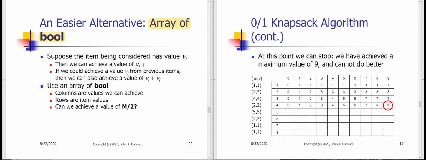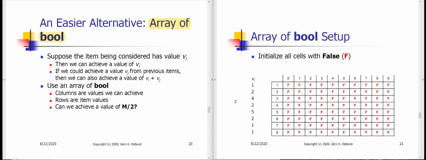Then clearly we can achieve that value. So in our Boolean array, we're going to have the item values as rows and the achievable values as columns. And so if for item sub i we can achieve a value of v sub i, we'll just fill in the slot in the array with true, okay?